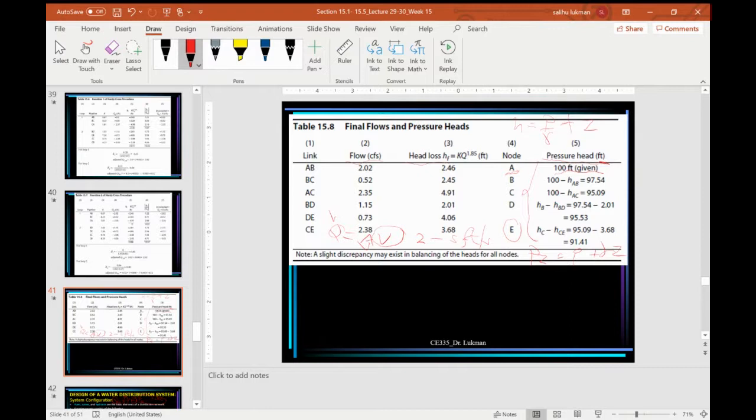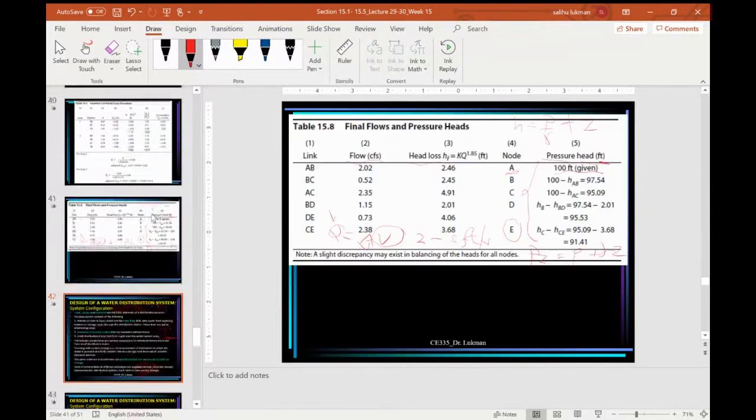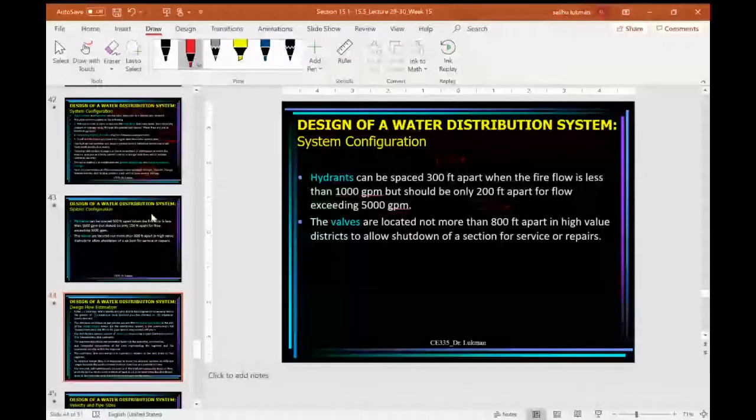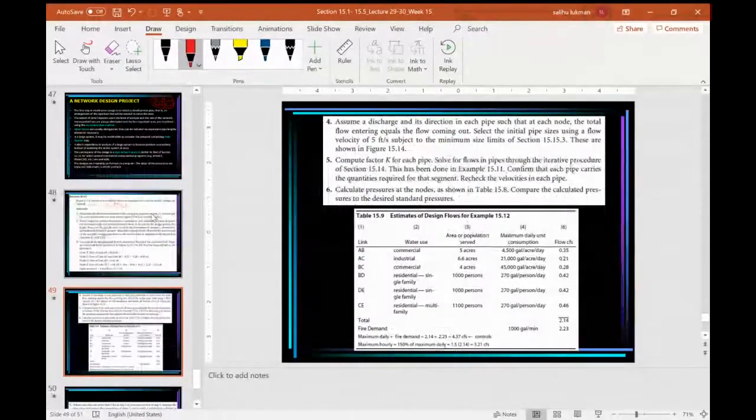And you should also perform the above analysis with fire flows assigned to other nodes and select the final design.